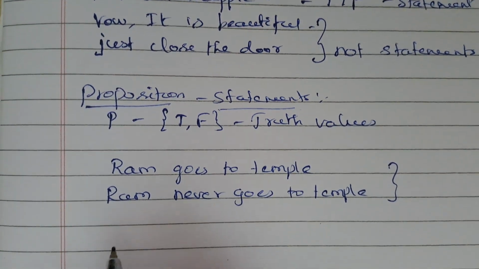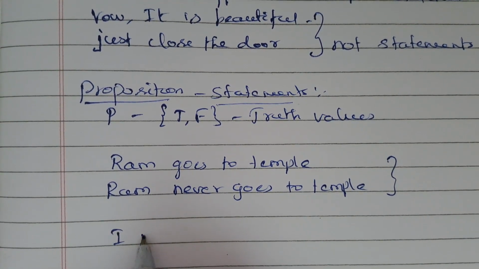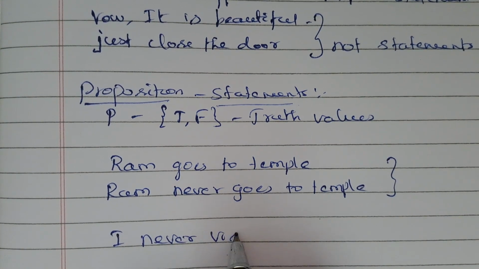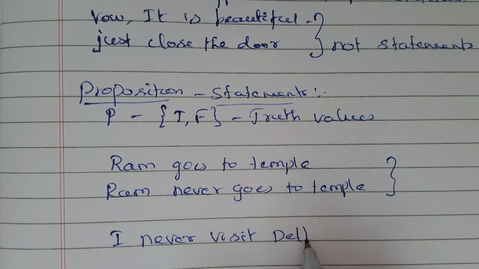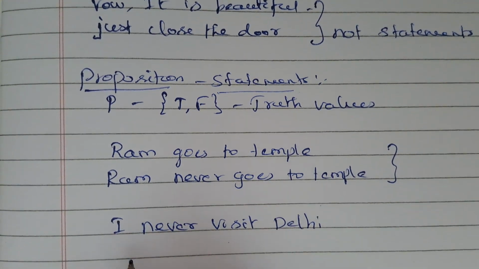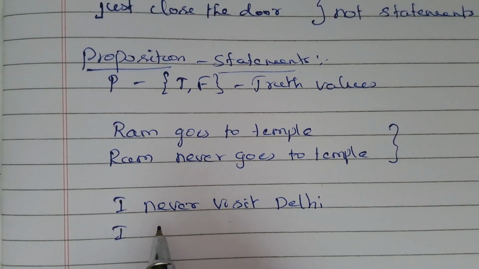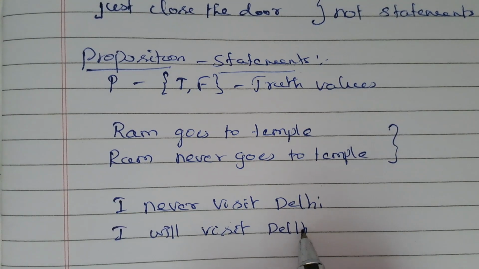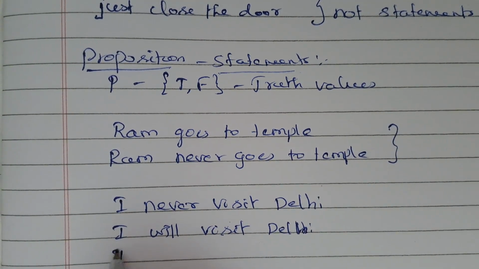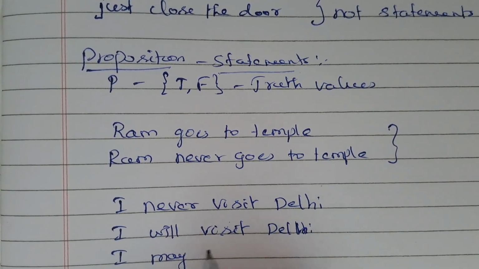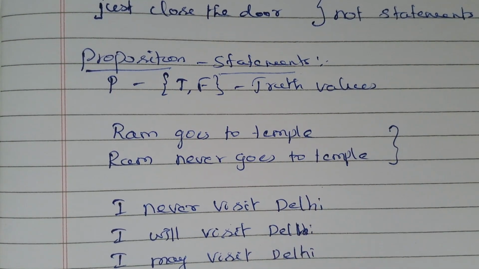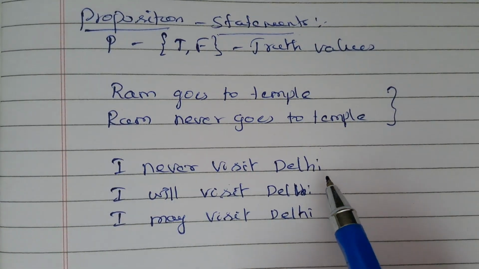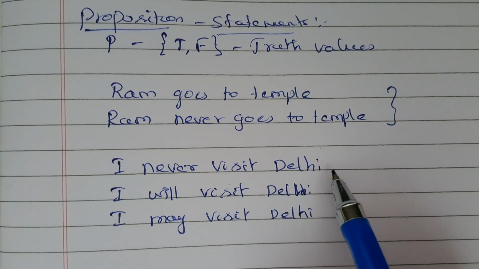And suppose I take a statement like this: I never visit Delhi. Another statement: I will visit Delhi. And one more statement: I may visit Delhi. As I said earlier, for I never visit Delhi we can say whether it is true or false.